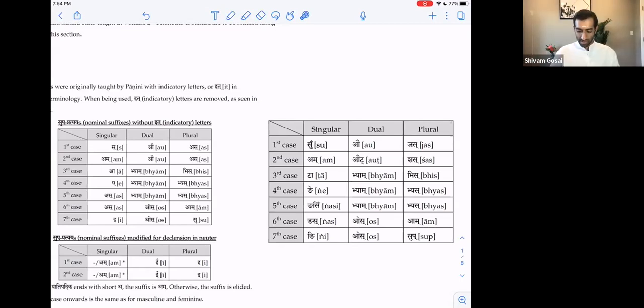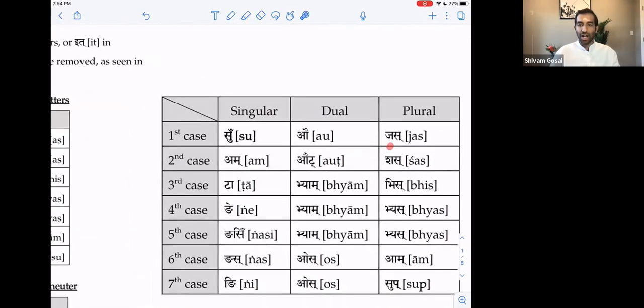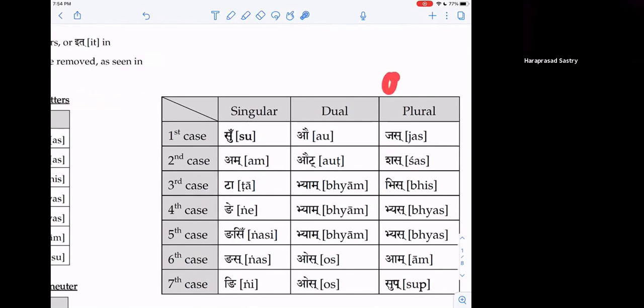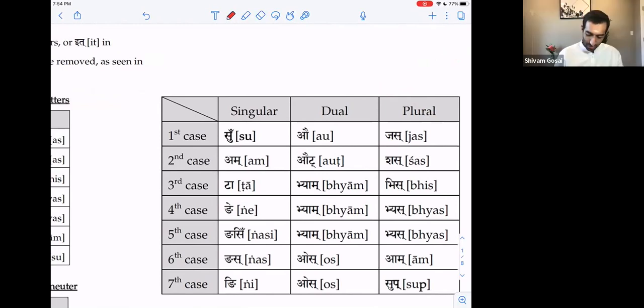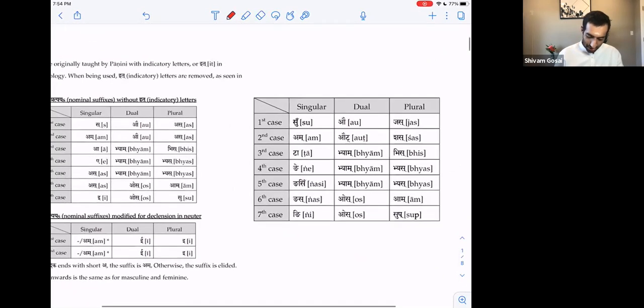how jas became us? So here the indicatory letter, right, is ja. So ja is removed. So the it letter is jakara. It's just ja. Are all these it letters? Su, au, jas? No, so not all of it, right? So if you look at the differences between the two charts, su without the it letter is sa.